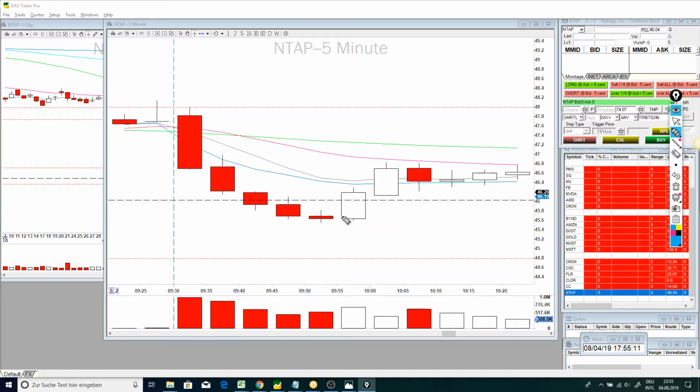The entry point can be the break of this body right here. Once it breaks right here, the stop loss can be here or here. These two are almost at the same level, but you can keep a stop somewhere here.